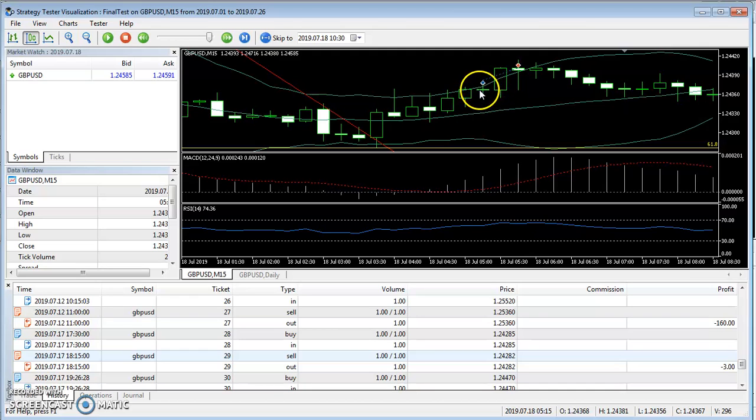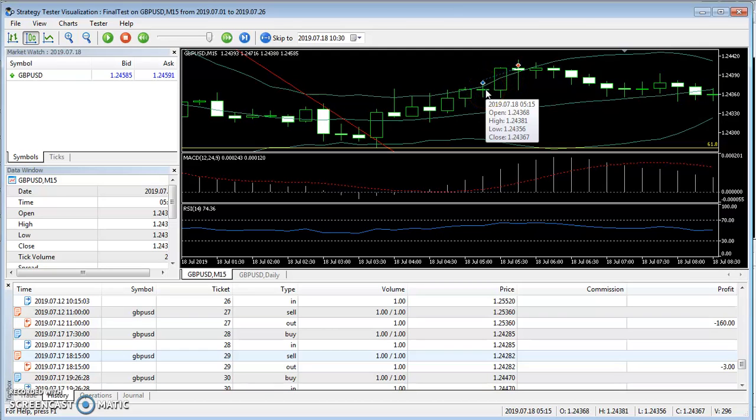So we can see here it doesn't open a trade down here because it's still below the upper band, and as soon as it crosses the upper band, it opens a trade. And you can see that the candlestick closed below where the trade was opened, so it doesn't close after those 15 minutes, it moves on to 30 minutes, meaning the next candlestick. And we can see that this candlestick actually opened at a higher price level than where the trade was opened, so it closes as soon as this new candlestick begins.